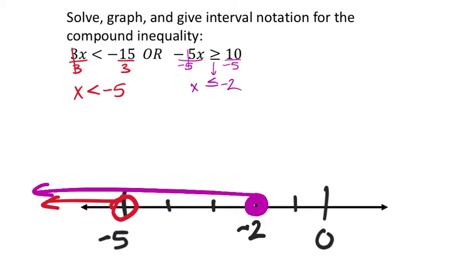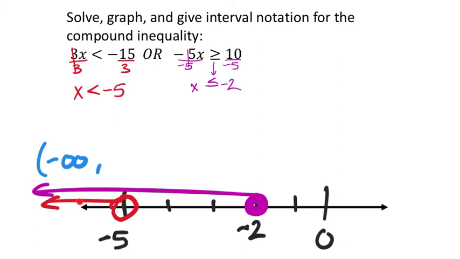Now you'll notice an intersection, but with or statements, intersections don't mean anything, okay? For the interval, let's say, where does this go? How far to the left does this go? Well, both of them actually go to negative infinity. Now, it would follow the lines, either one of them, over here, and then some of you'd say, well, it stops at negative 5, right? No, this is an or statement, so it can jump from one to the other.